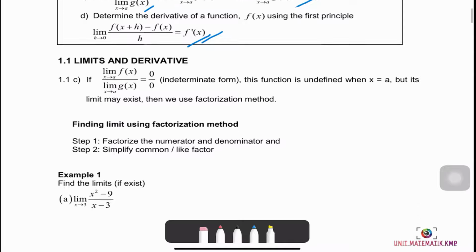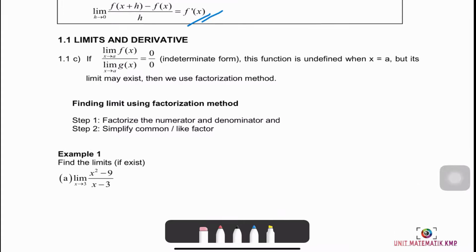So first, if the limit of f(x) when x approaches a over the limit of g(x) when x approaches a is 0 over 0, or we can say it is indeterminate form, which means we cannot solve the limit.